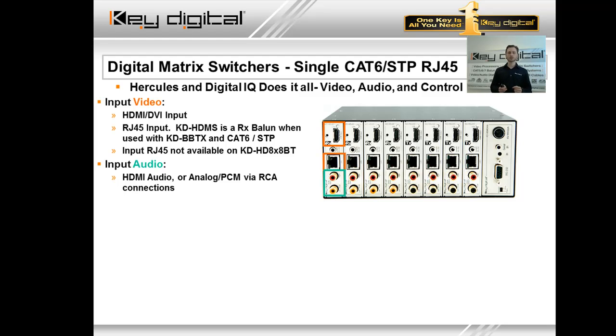Key Digital Hercules series and Digital IQ series, for my money, is the only matrix in the marketplace that enables you to go to zones that require multi-channel audio. For example, the zones that the audio is powered by an AV receiver that supports your Dolby formats, etc. You could go to those output zones or those outputs with multi-channel audio by selecting video from the incoming HDMI signal and your audio from the incoming HDMI signal as well.